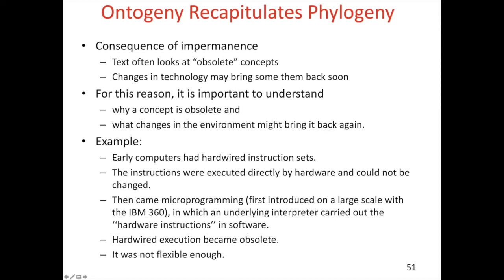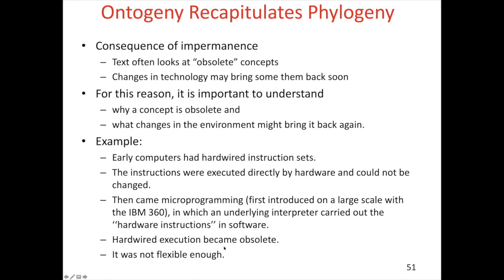For example, early computers had hardwired instruction sets. The instructions were executed directly by hardware and could not be changed. Then came microprogramming, first introduced on a large-scale computer with the IBM 360, in which an underlying interpreter carried out the hardware instructions in software.